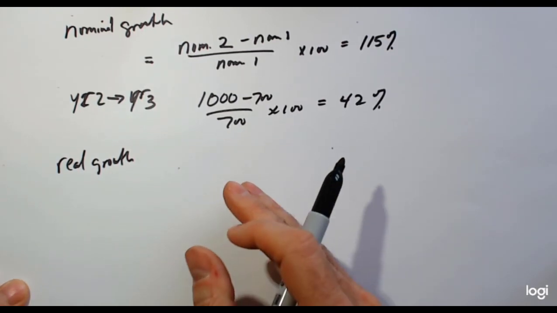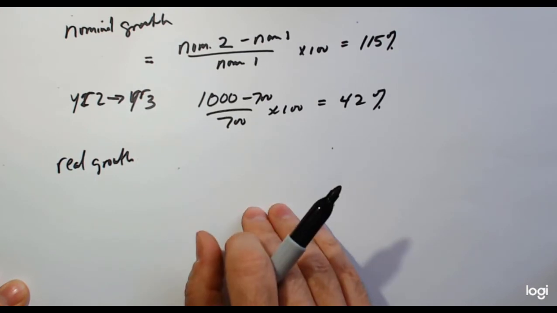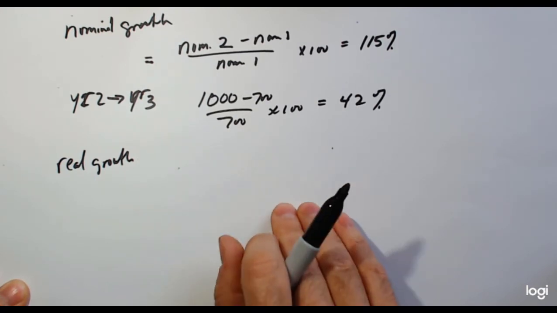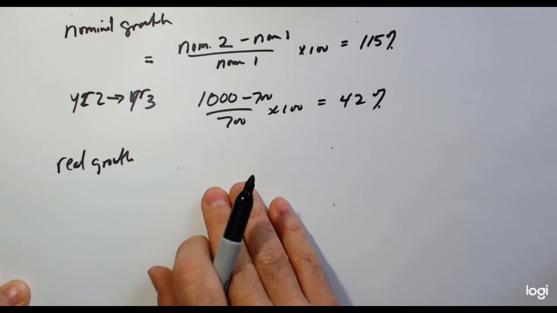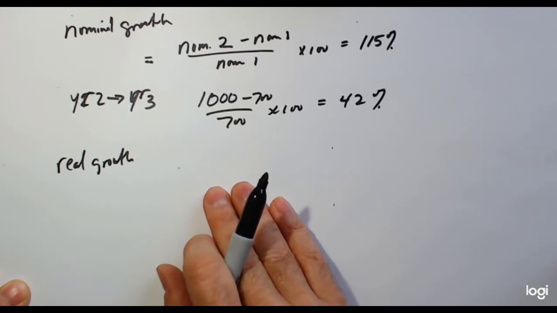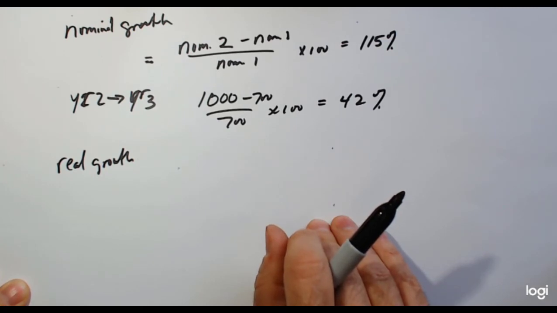That's a bit different than what I just discussed earlier when I talked about nominal GDP. And I said, look, when most people talk about GDP as measured in dollars, they're referring to nominal GDP at current prices.